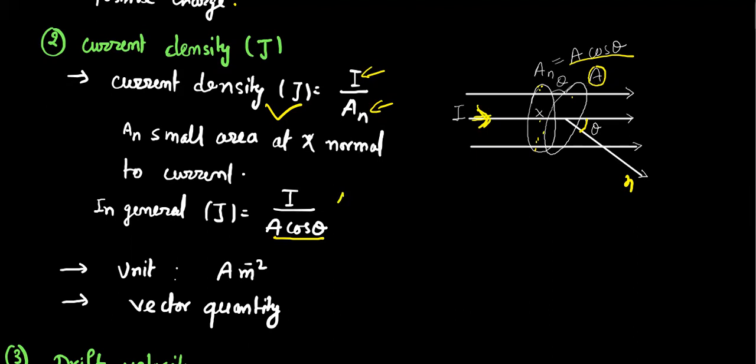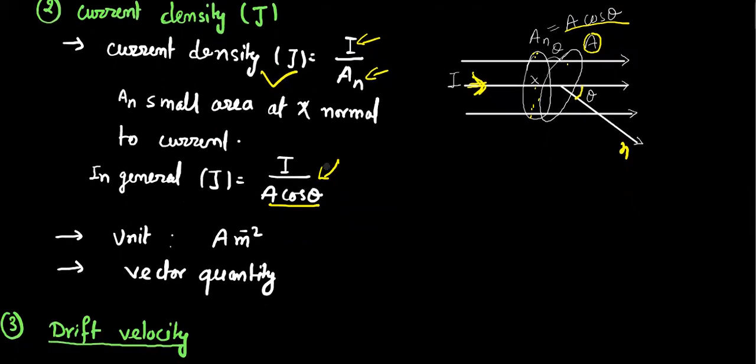That's why this is the general expression for current density. From the formulation we can easily write the unit. Its unit is ampere, cos theta is dimensionless, and the cross-sectional area has unit meter squared. So the unit of current density is ampere per meter squared.